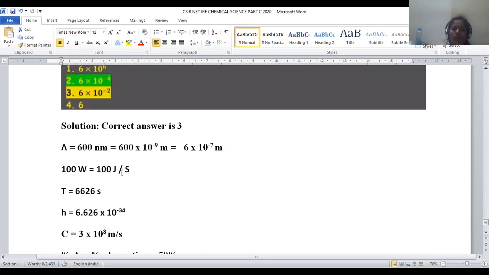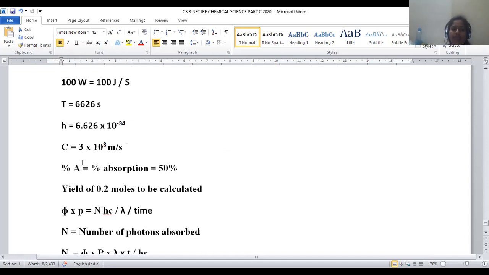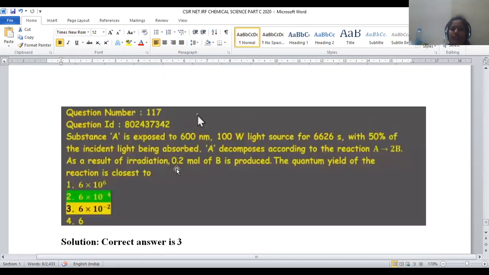Then 100 watts is equal to 100 joules per second. Time is given as 6,626 seconds. Planck's constant value is 6.626 into 10 to the power minus 34. Velocity of light c is equal to 3 into 10 to the power 8 meters per second. This is the speed of light. Percentage of absorption is nothing but 50%.